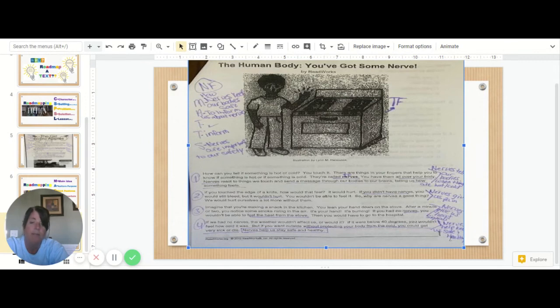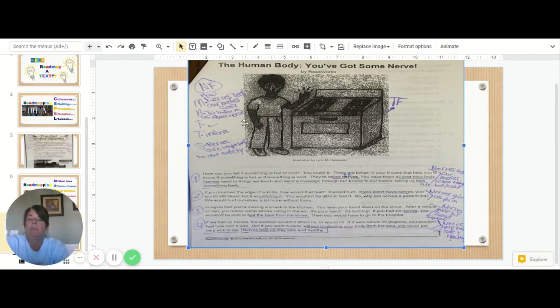So the main idea for this whole text, if I read all these, is how nerves keep our bodies safe. The author's purpose was to inform us about our nerves that are in our body. There's two text features. There was the bold word here, and then the photograph or picture right here.